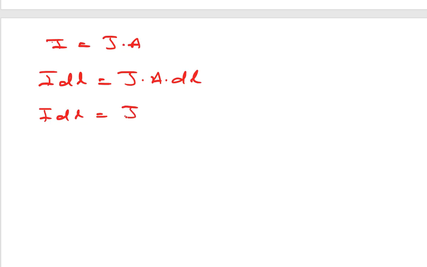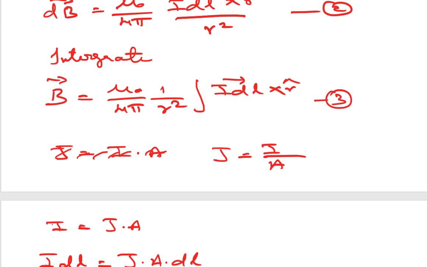Multiply both the sides with dl: I dl equal to J into A into dl, where A is the area and dl is the length. If you multiply the area by length, you will get a volume. So I dl equal to J dV. Since the length is variable, you get a variable volume. Now in equation 3, instead of I dl, we can put J dV.